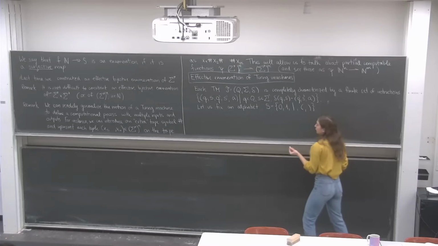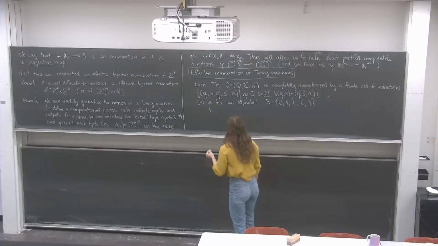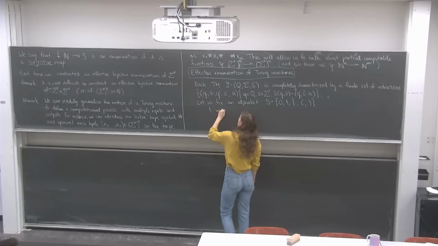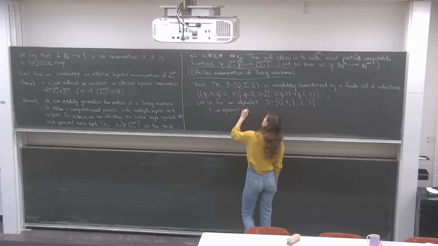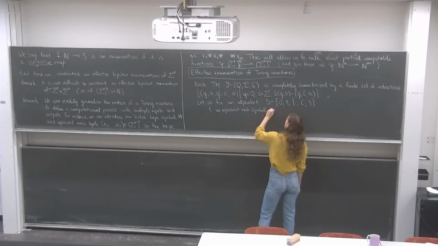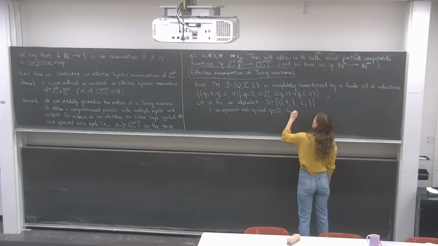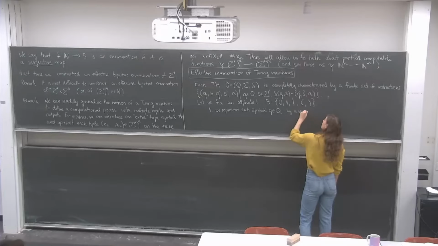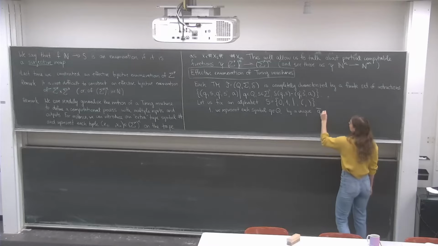First, we represent each state by a unique sequence, which we can, for instance, denote q bar, from just 0, 1.